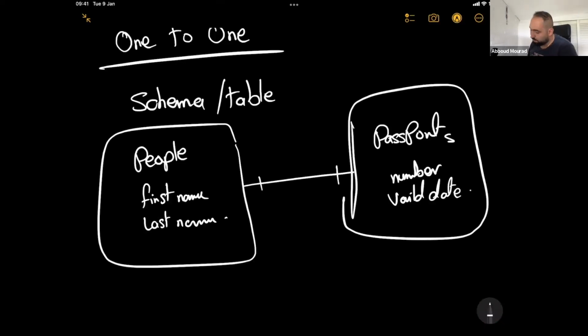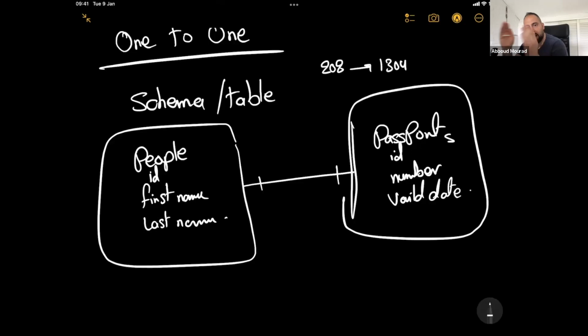But you are going to ask me, if I have this relation, how do I know that the passport number 304 is for the person number 1? Each record has its own ID, and it starts from 1, 2, 3, 4. So how do I know that the person number, for example, 208, has the passport number 1304?